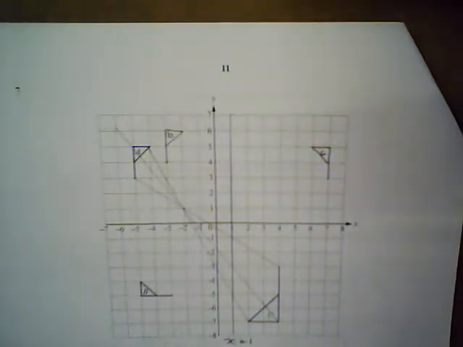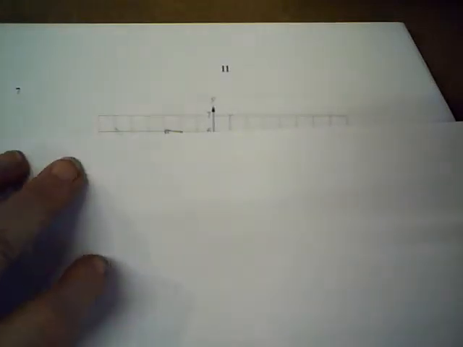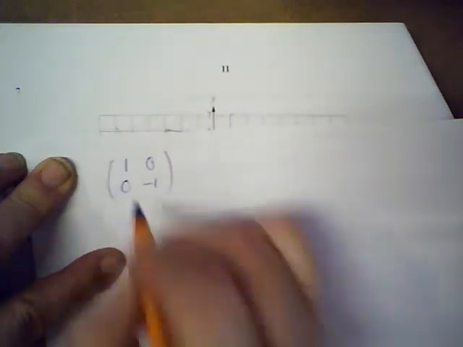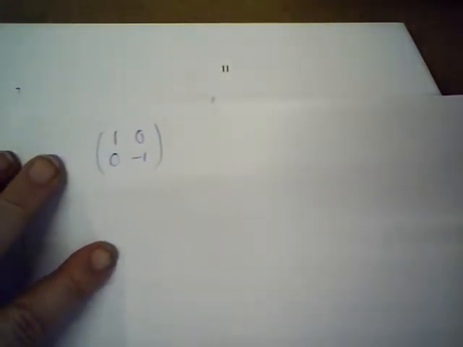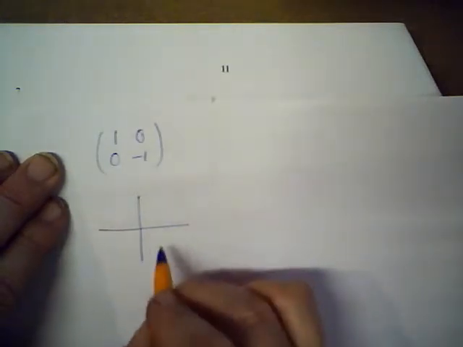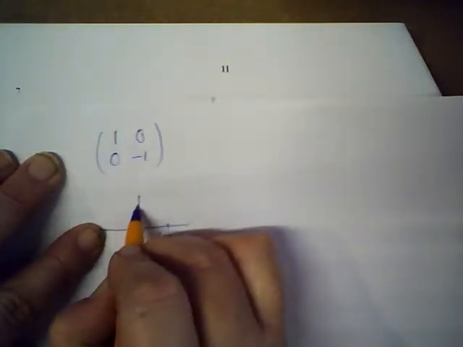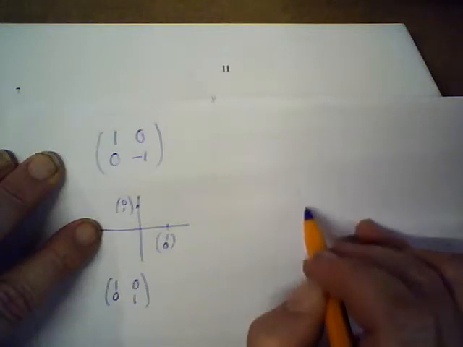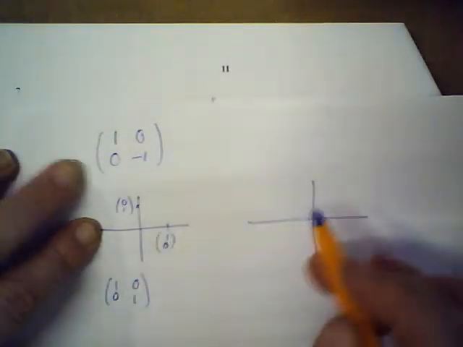Okay, good. Describe the single transformation that is represented by this matrix 1, 0, 0, negative 1. I'm just going to use my paper. So we want to know what this transformation would be. So I'm going to start off with my unit matrix 1, 0, 0, 1. Then I'm going to see what happens to these values when my new matrix is written.